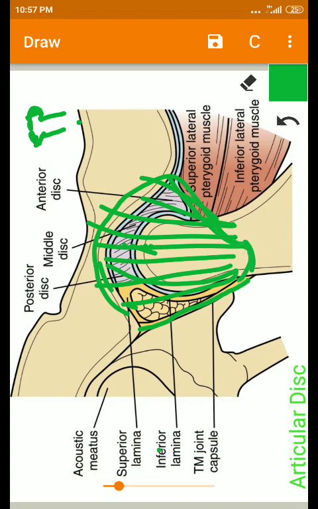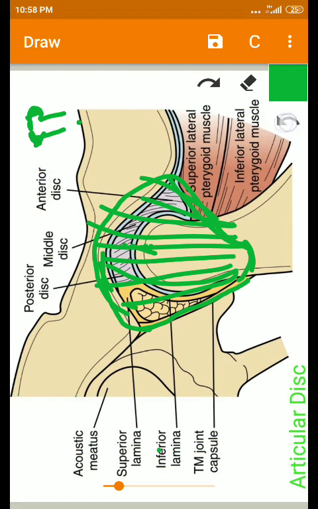So it is covering all the sides, isn't it? But though the capsule attaches to the medial and lateral poles of the mandibular condyle, it is not attaching with the joint capsule on the medial and lateral sides.